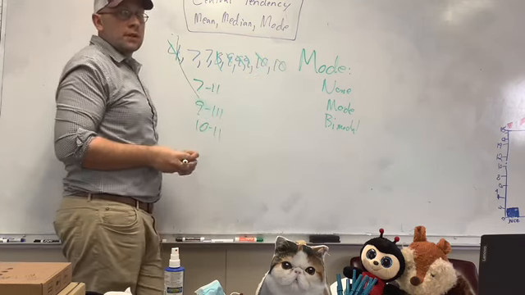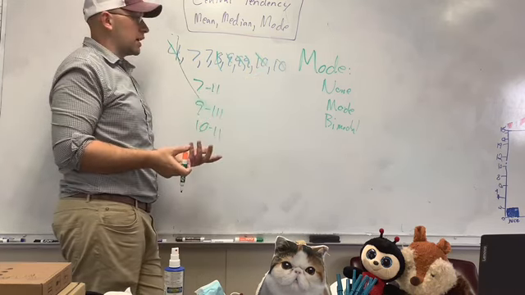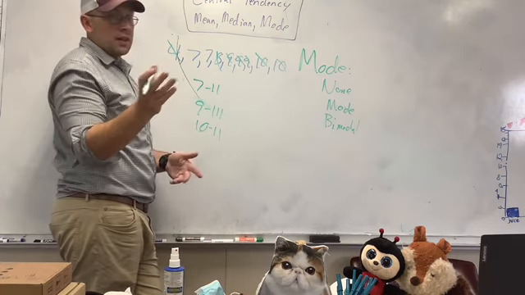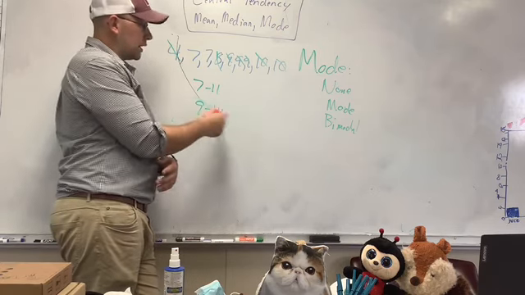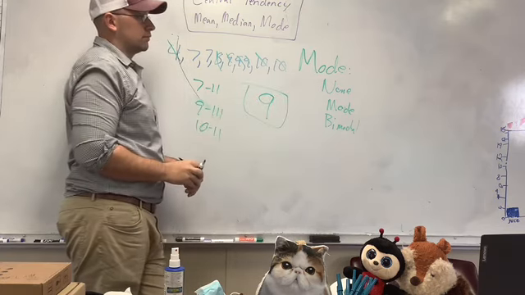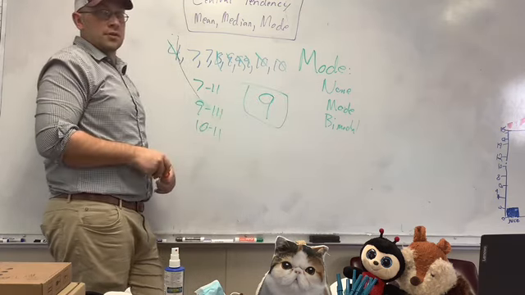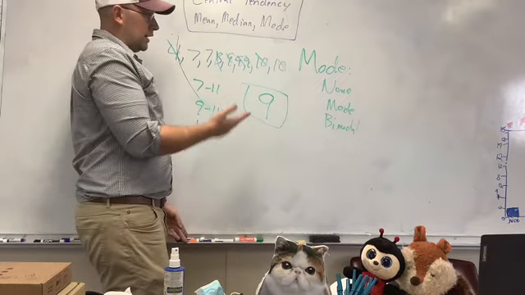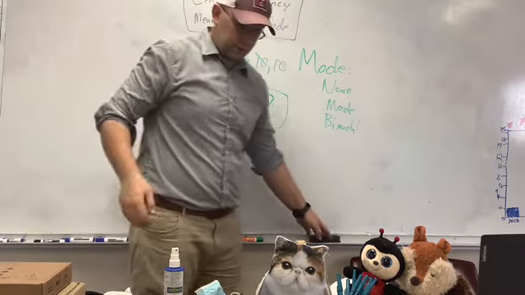This helps when you put them in order first, from least to greatest, because that way you're not going everywhere trying to find it. So here, our answer would be 9, because it repeats itself the most. So just put them in order first, and then see which one repeats itself.